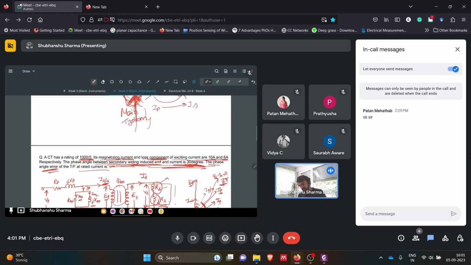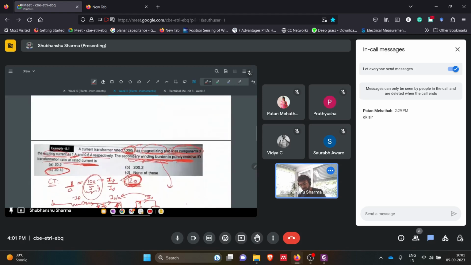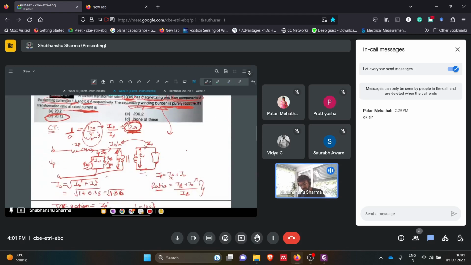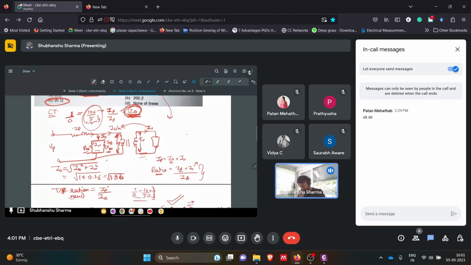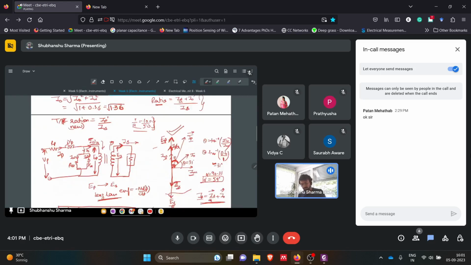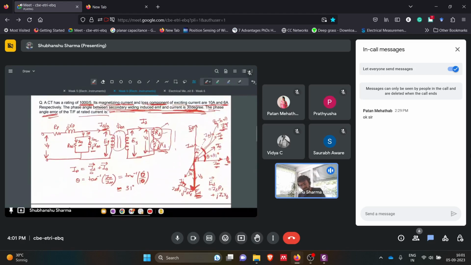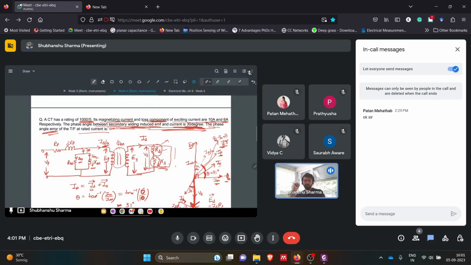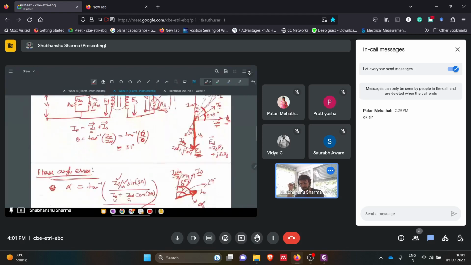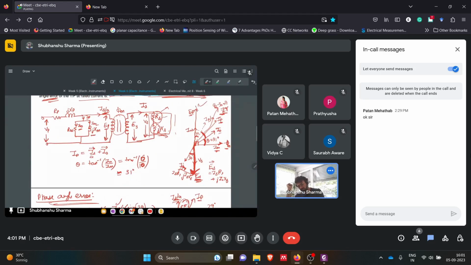Earlier we discussed how the ratio error was introduced because of the loss and magnetizing current components of I naught. Now we saw that the phase angle error is introduced because of this 30 degree shift in the secondary side current and the loss and magnetizing current at the primary side. So this phasor is very important.